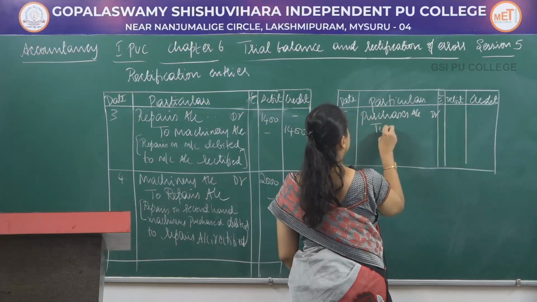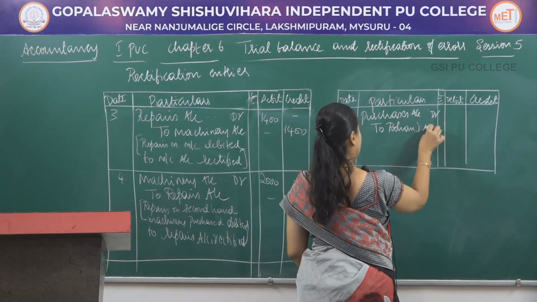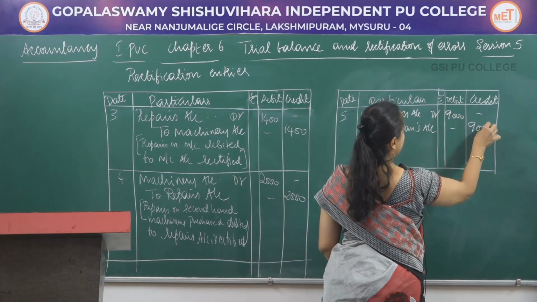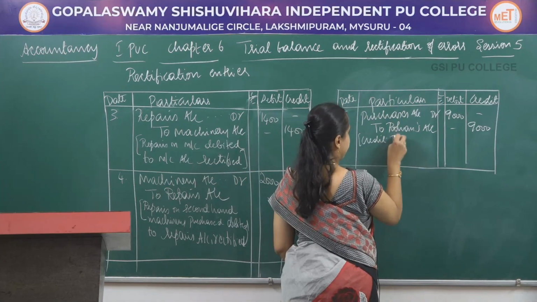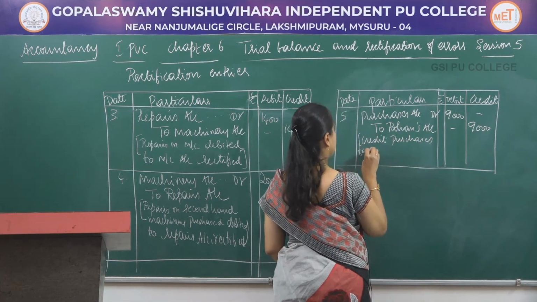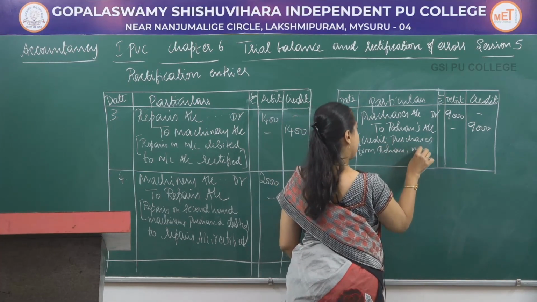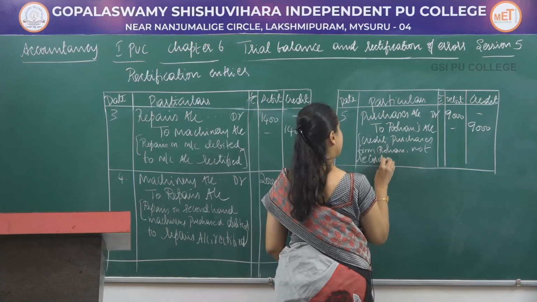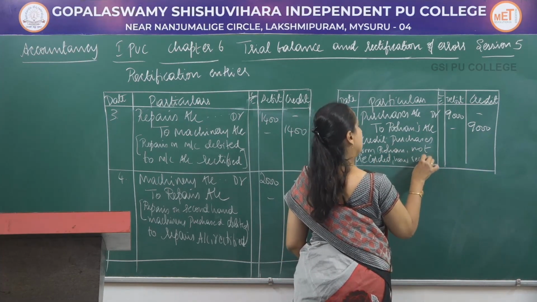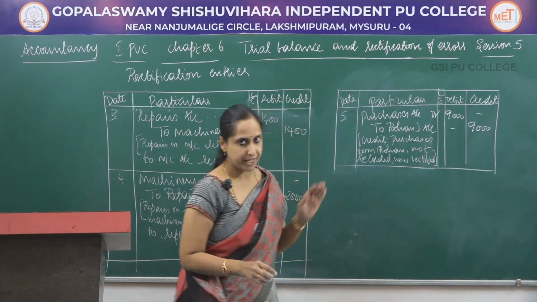Purchases account debit to Rohan's account 9000. Credit purchases from Rohan not recorded. Rectified. So this is the fifth entry.